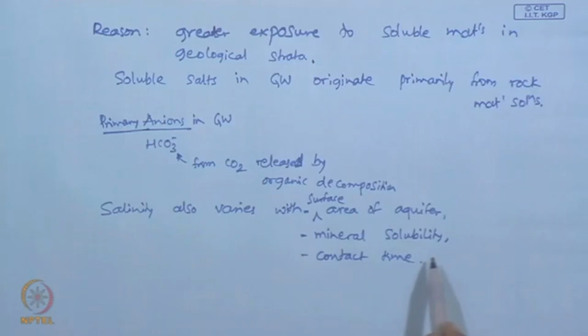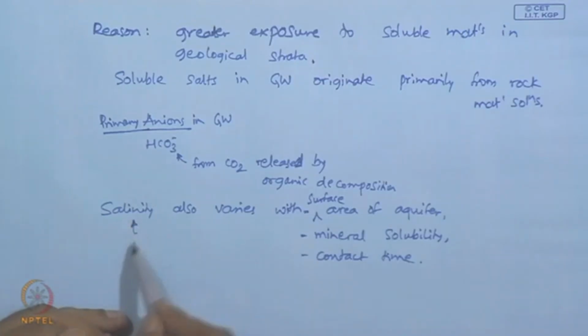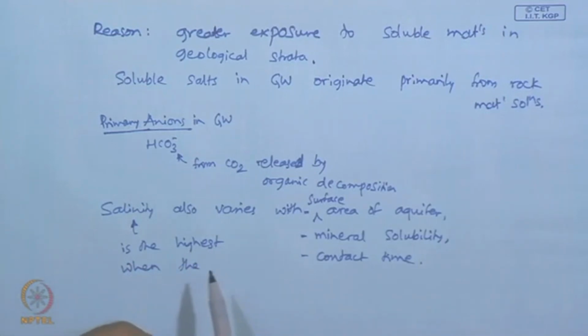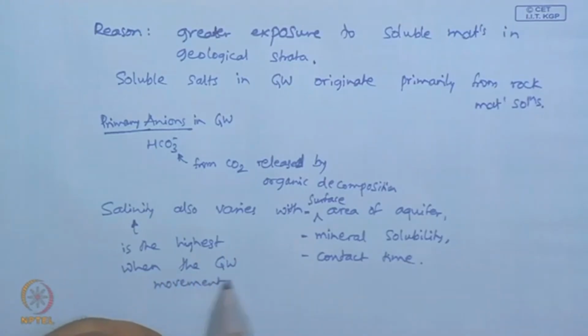If each one of them is more, then obviously the salinity also increases. And the salinity is the highest when the groundwater movement is the least, that is, the slowest.